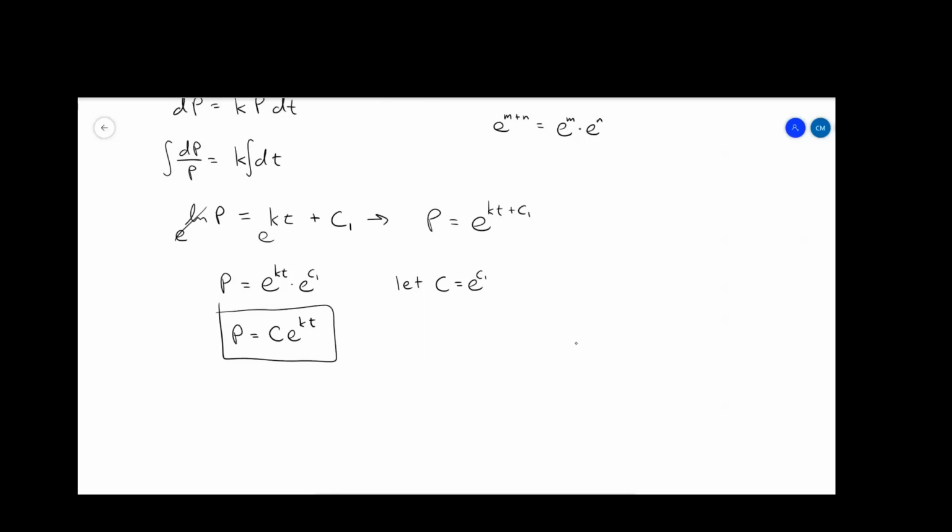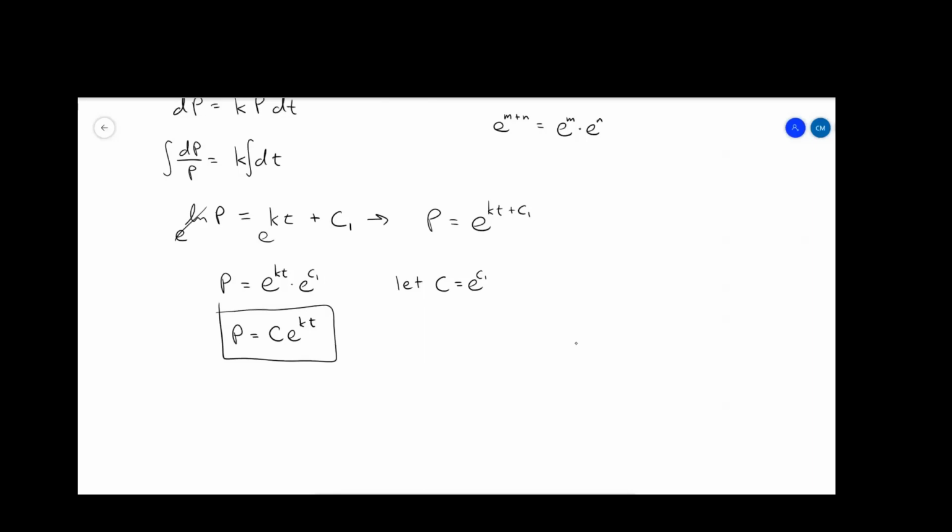If you're talking about the rate of growth of bacteria in a petri dish, that's much faster than the rate of growth of elephant populations, right? Elephants take a lot longer for their populations to grow than bacteria. And so that k value would be different depending on what type of population you're talking about.